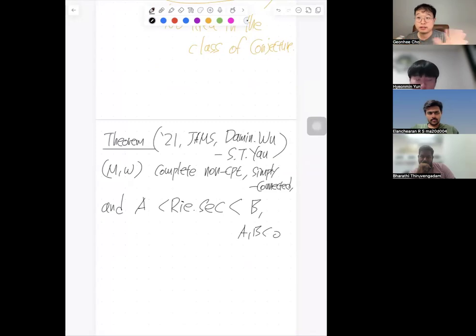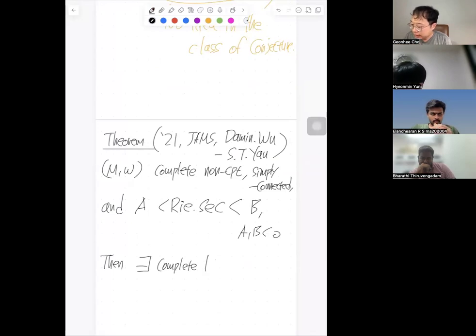Is it okay with you? What they obtain is the following: there exists a complete Kähler-Einstein metric. There exists a Bergman metric.